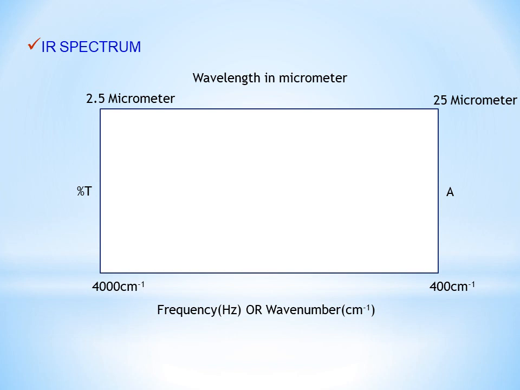And we know this is a qualitative analytical tool. That's why mostly by using this tool we identify functional groups. We can say this tool is mostly used for qualitative analysis rather than quantitative analysis.